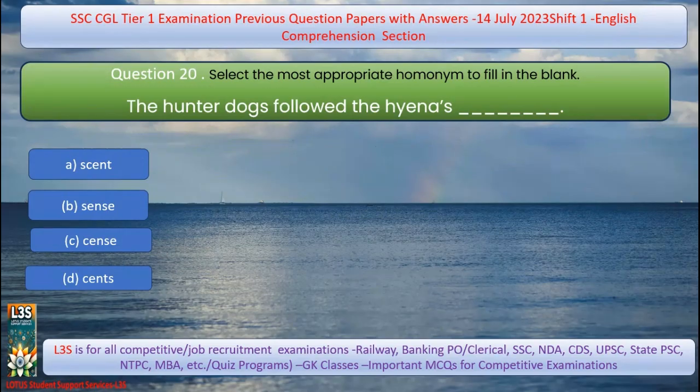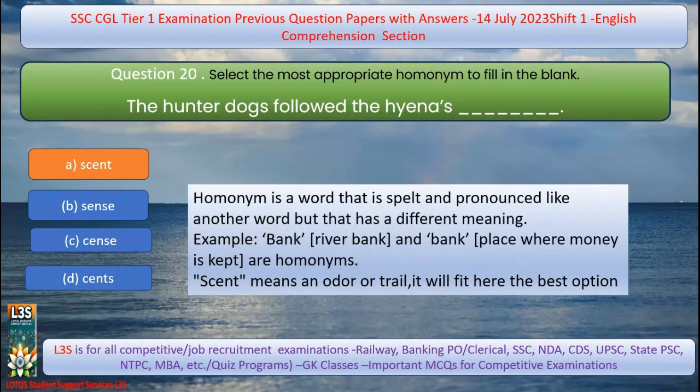Next, select the most appropriate homonym to fill in the blank. The hunter dogs followed the hyenas' dash. A. Shan't. B. Sense will. C. Sense no. D. Sense will not come.